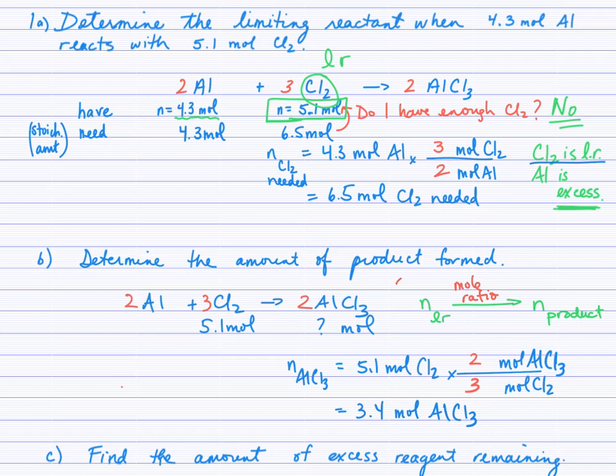So in general, that's the significant step that I'm following here. I'm taking the amount of the limiting reagent, so that 5.1 moles right up here, and using the mole ratio to determine the amount of the product.